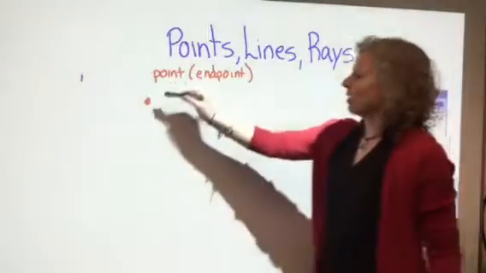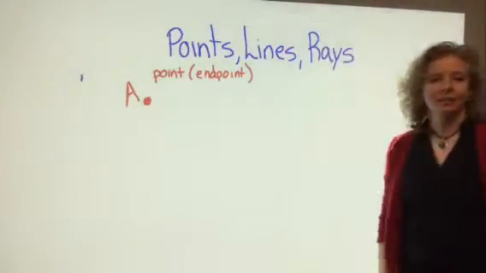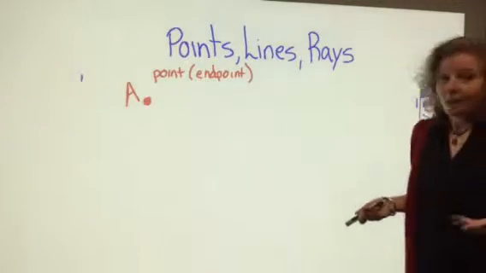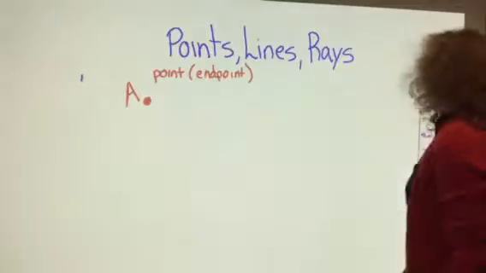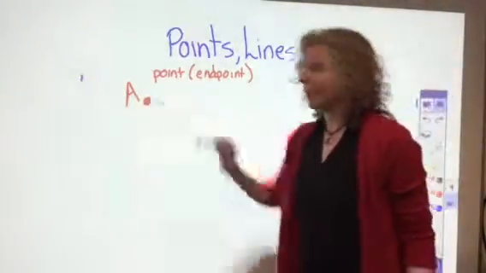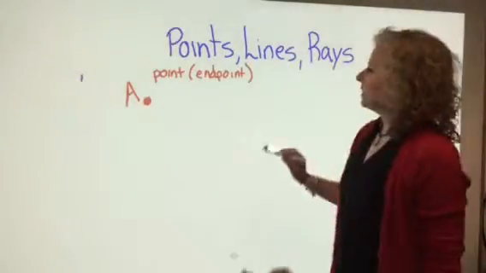So lots of times if you have one of these things floating around, there'll be a letter next to it. So you call that point A. Not very complicated. A point is just one particular spot, one particular point in a plane. That's all it is.